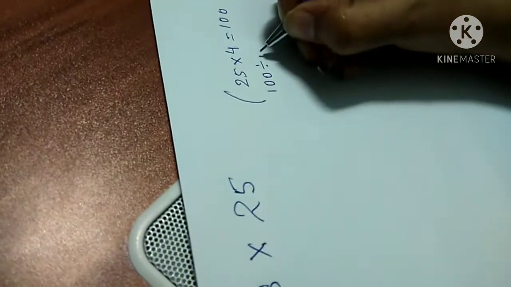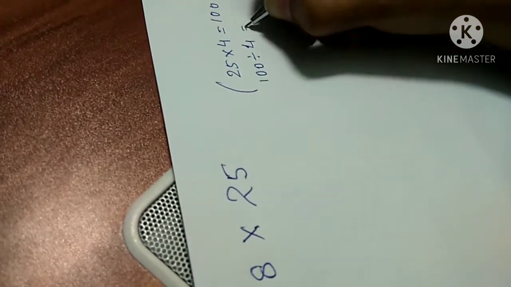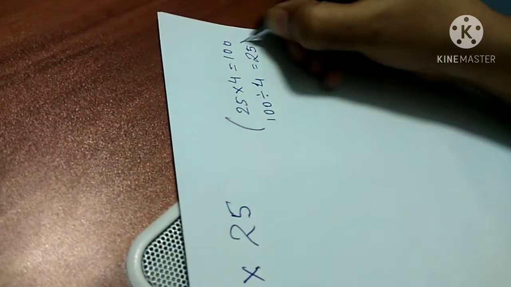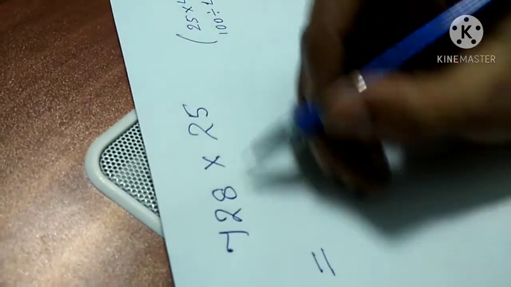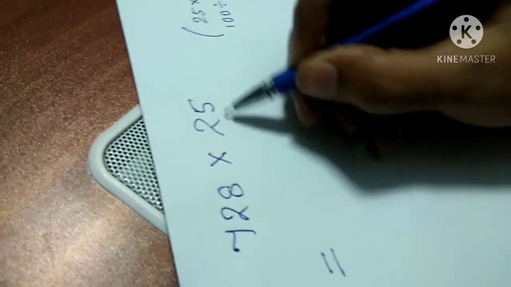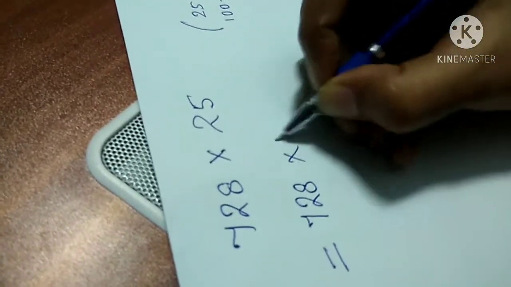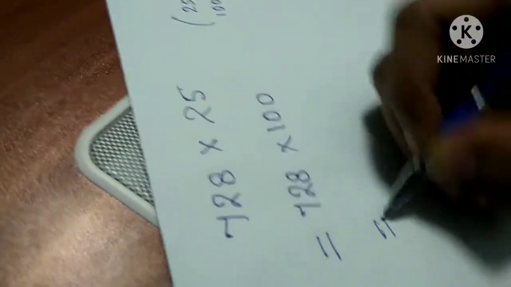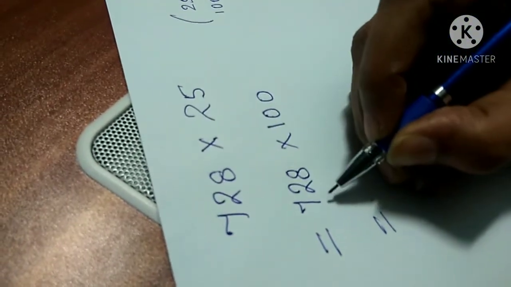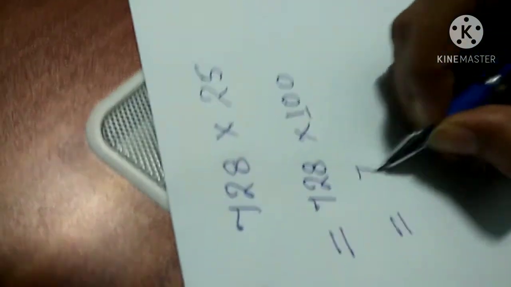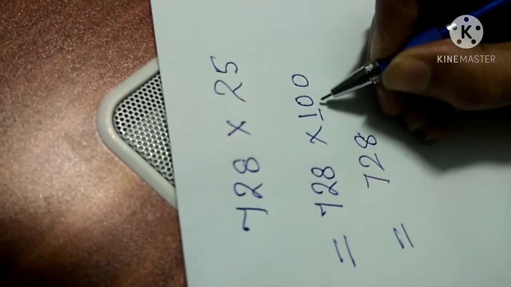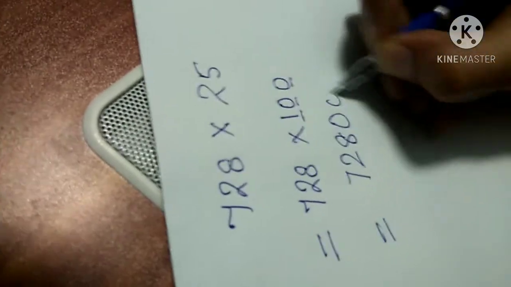So, if I divide 100 by 4, we will get 25. So what I will do, instead of multiplying this 3-digit number by 25, first I'll multiply this number by 100. Okay, then 728 multiplied by 1 gives us 728, and I will bring these two zeros down.